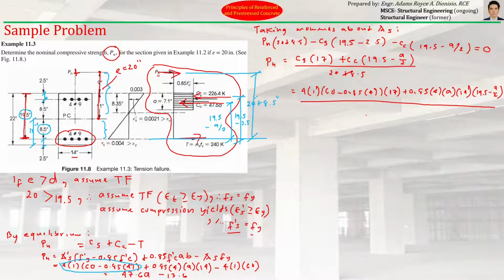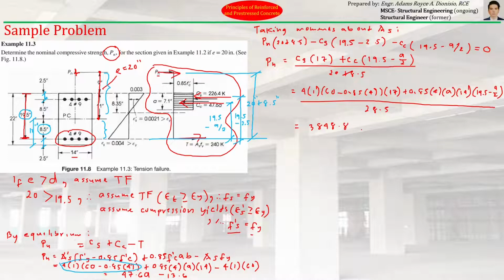Okay, that's PN. And then simplifying further, 4 times 60 minus 0.85 times 4. Tapos times 17. Kasi mag-shift sort tayo dito. 3848.8.